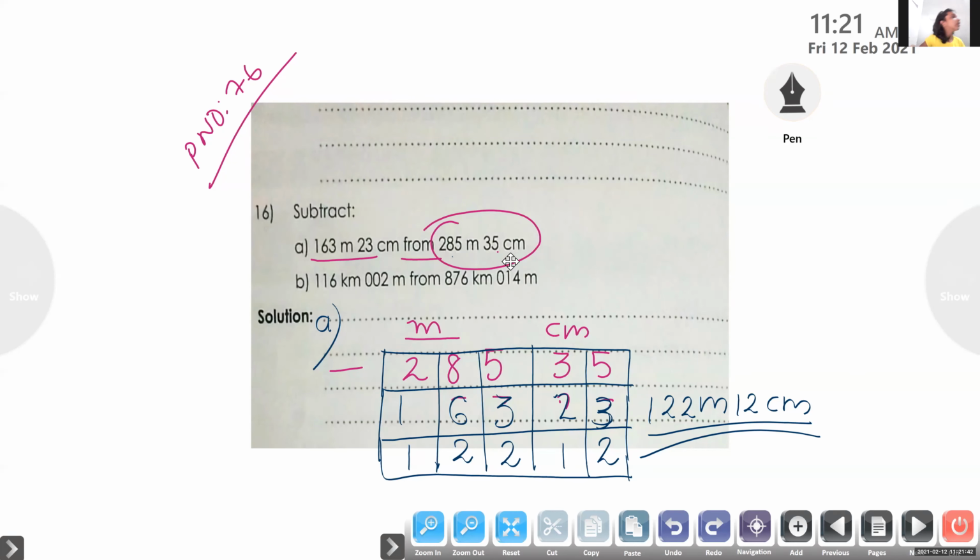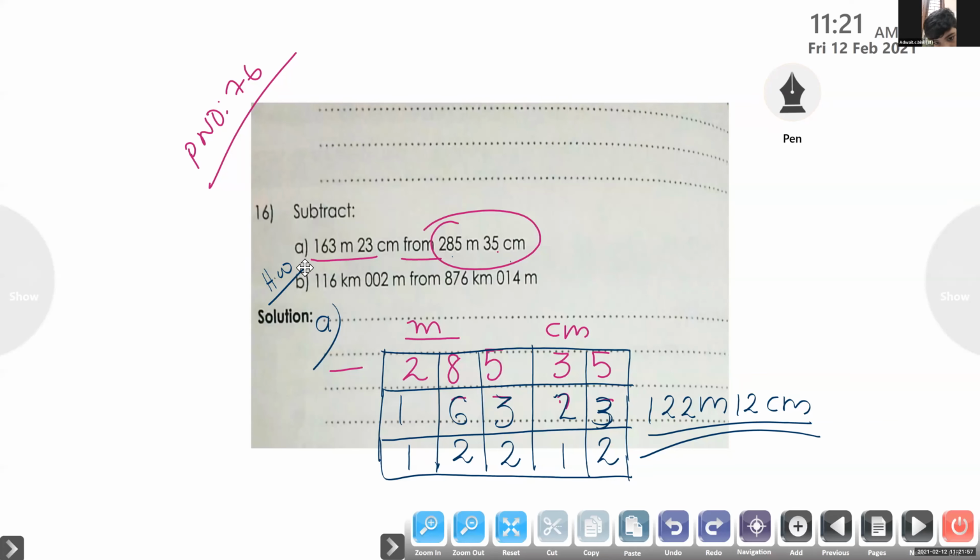Okay? Question B is homework. The same way, no difference. That's why question B is homework. And the 16th question B is homework.